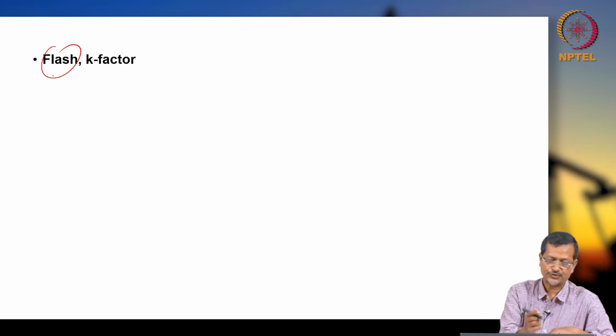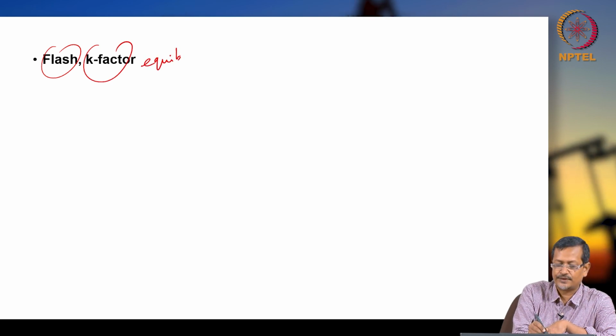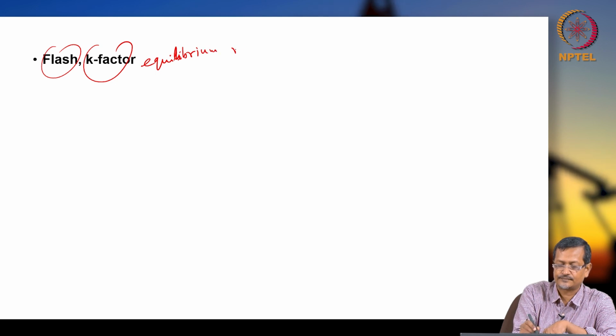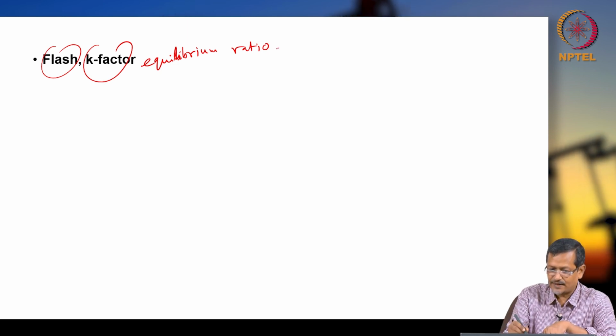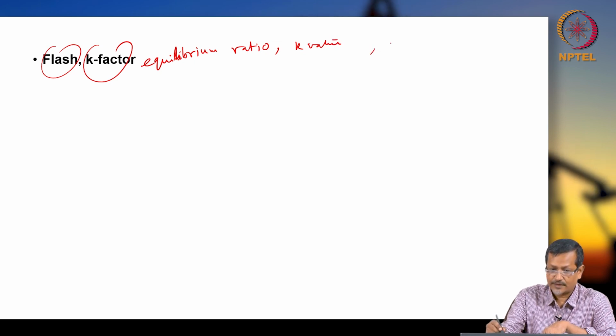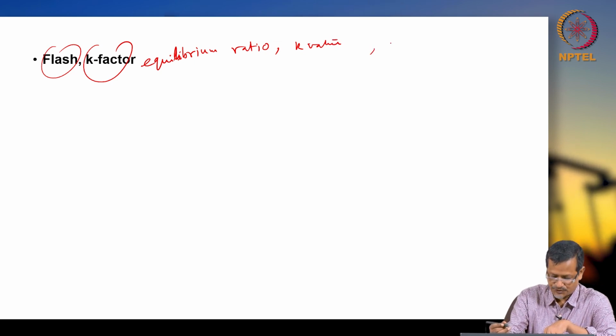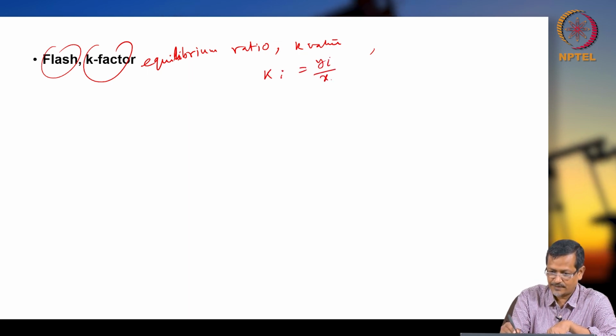So that also controls your equilibrium. This is called the equilibrium ratio, K factor, K ratio, or K value. The formula is Ki equals Yi divided by Xi.